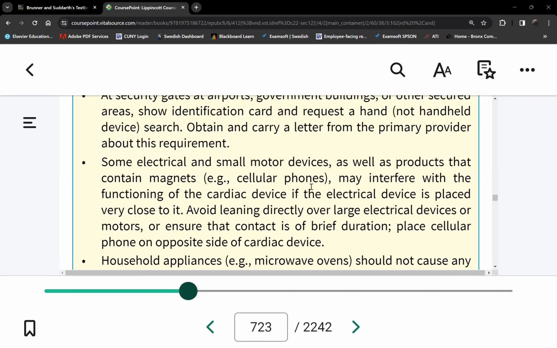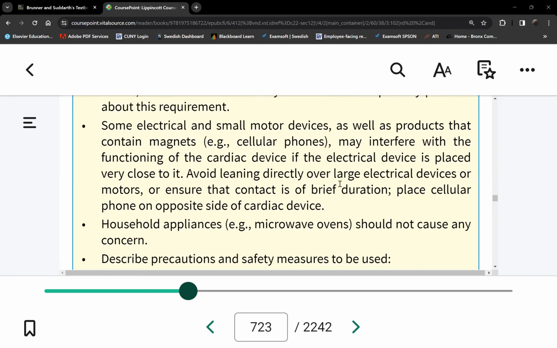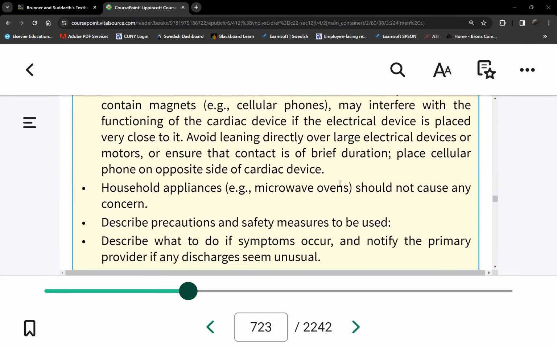Can they use microwaves? Yes. So those signs you see in HHC facilities, because HHC facilities are old. They've been around since the 1900s. Bellevue, how old is Bellevue? Over 120 years old.